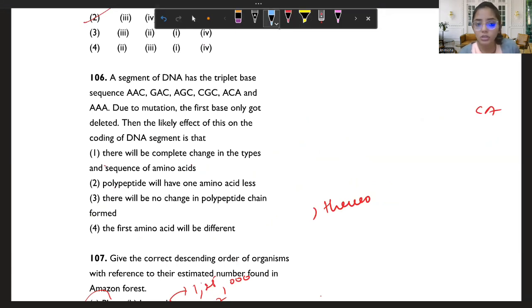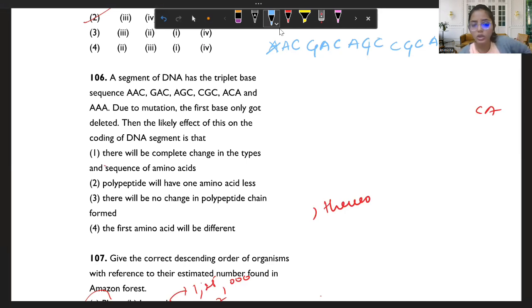It says a segment of DNA has a triplet base sequence of A, C, G, A, C, A, G, C, C, G, C, A, C, A. Due to mutation, the first base pair got deleted. What would be the effect of it on the DNA is what the question is asking. So there will be a complete change in the type and sequence of nucleotides.